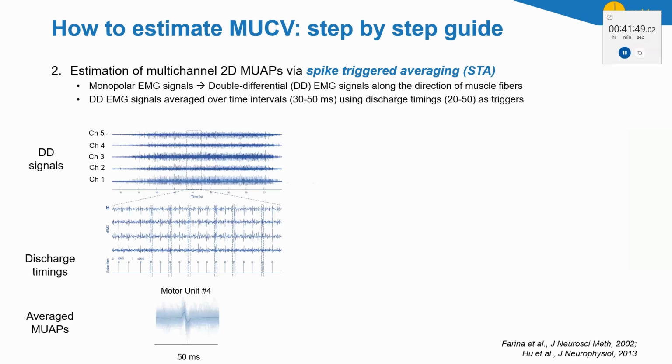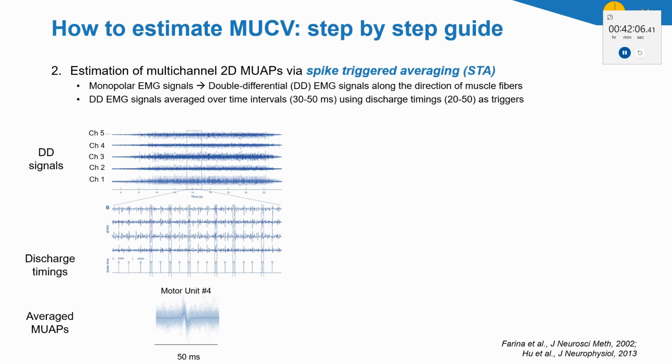So step number 2 is to estimate multi-channel 2-dimensional motor unit action potentials with the STA. Firstly, we convert our monopolar recordings into double differential signals along the direction of muscle fibers.